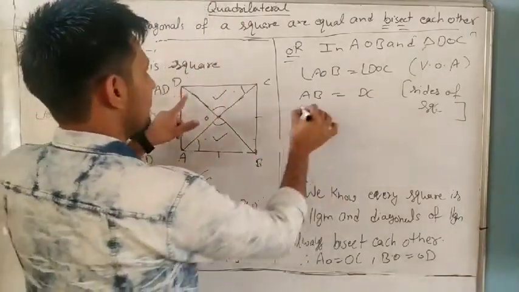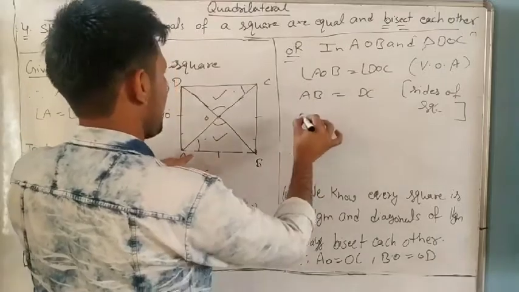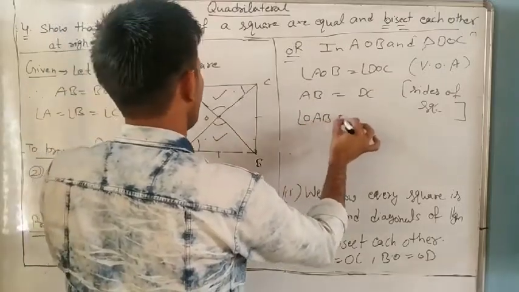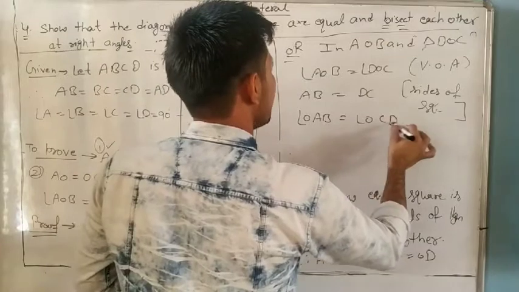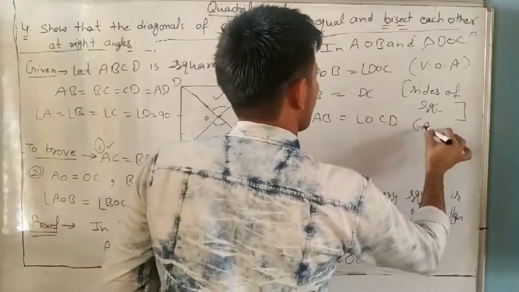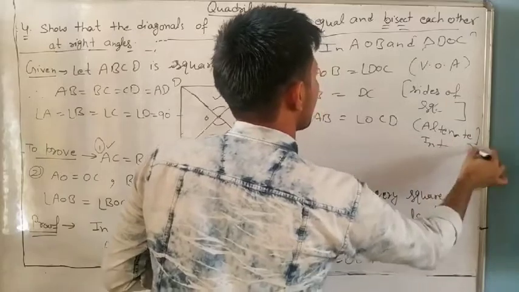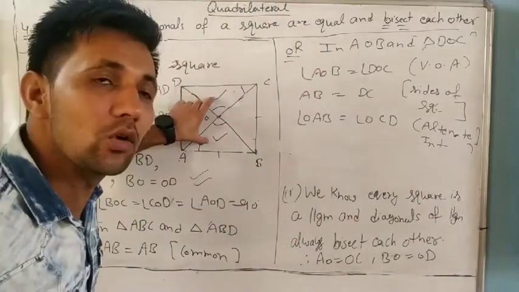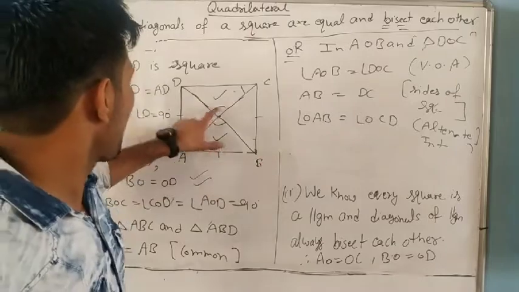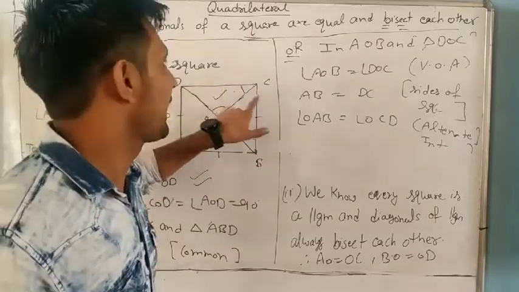So angle OAB equals angle OCD by alternate interior angles. So these two triangles are congruent by which property? Angle, angle, side.